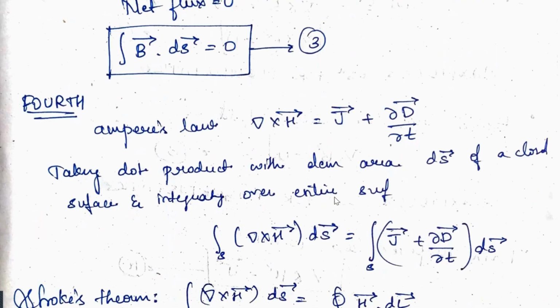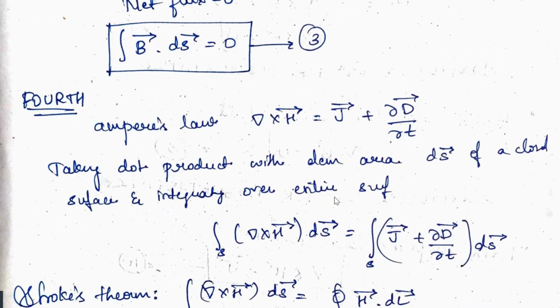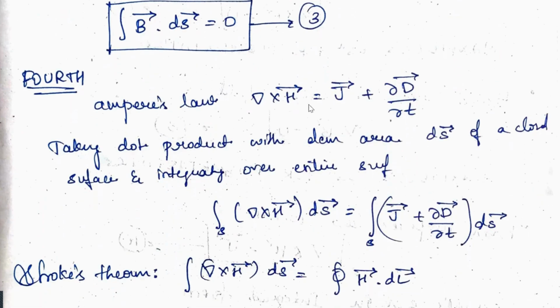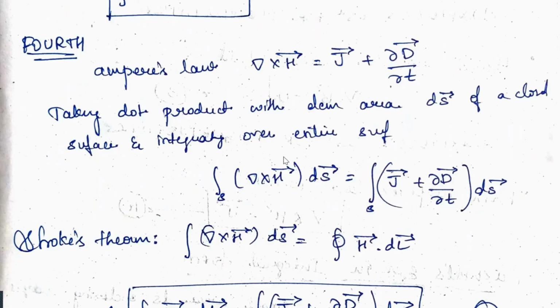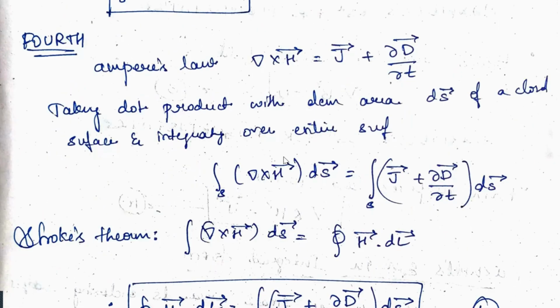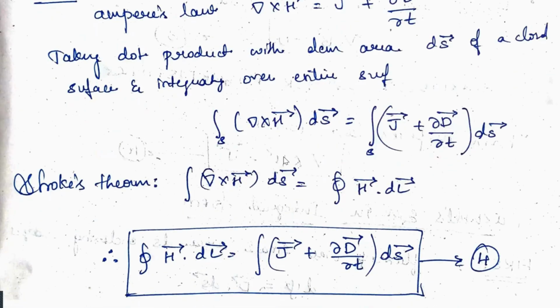Now the fourth one is Ampere's law, where ∇×H vector is equal to J vector plus ∂D vector/∂t. Taking the dot product with the element area ds vector of a closed surface and integrating over the entire surface, we get the surface integral of ∇×H vector dot ds vector is equal to the integral over S of (J vector plus ∂D vector/∂t) dot ds vector.